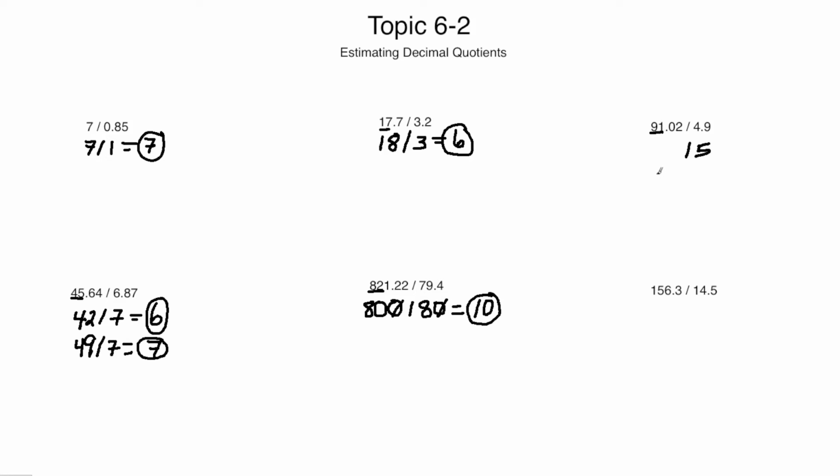Which one's closer to 91? That would be 90. All right, so what is 90 divided by 5? Well, 5 goes into 9 one time with 4 left over. Now 5 can go into 40 8 times, so my estimated quotient is 18. If you got that, awesome!